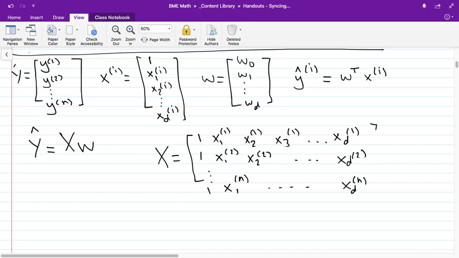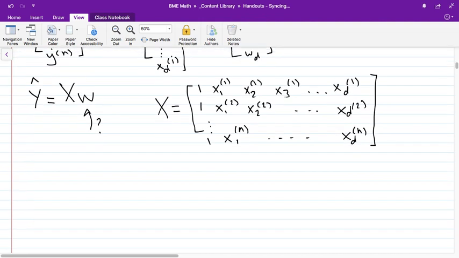So that's the matrix that describes my inputs. And so now I can write this equation, that my prediction for the entire data set, y hat, is going to be the matrix x times the vector w. And what I want to know is, what is w? How can I find w? You give me x, you give me y, I want to know what's the best w.